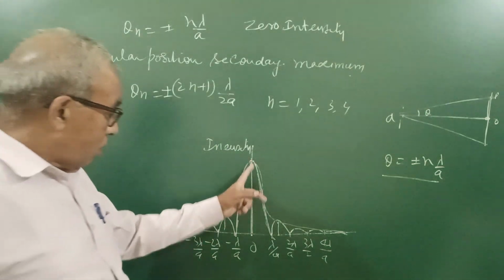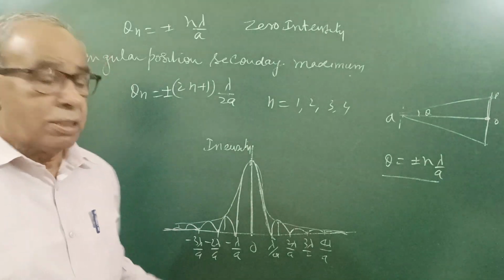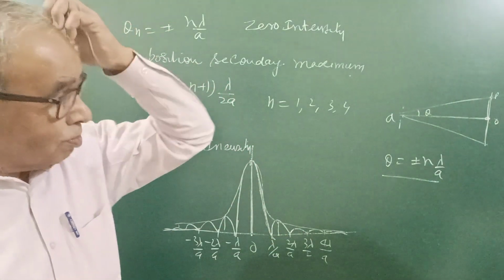But remember, the central maximum has large intensity and is much brighter, and secondary maxima have low brightness.